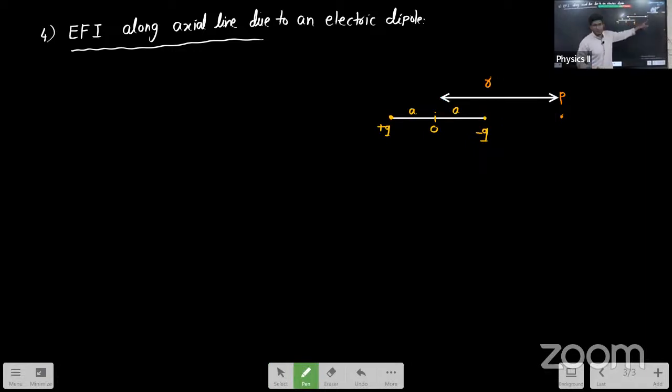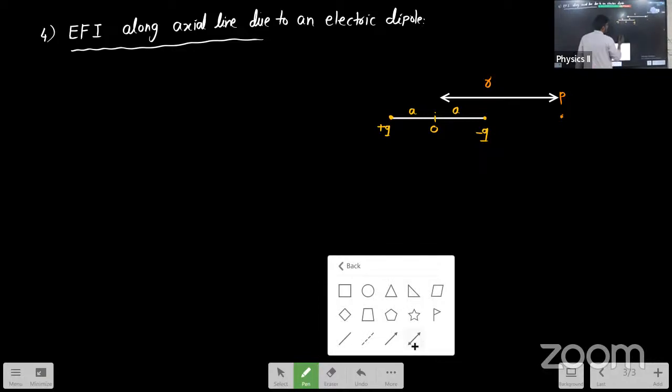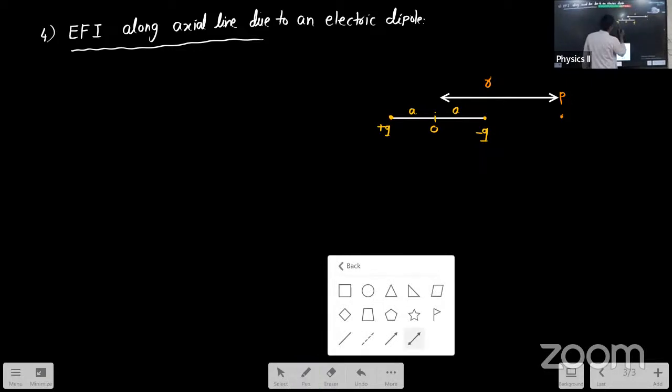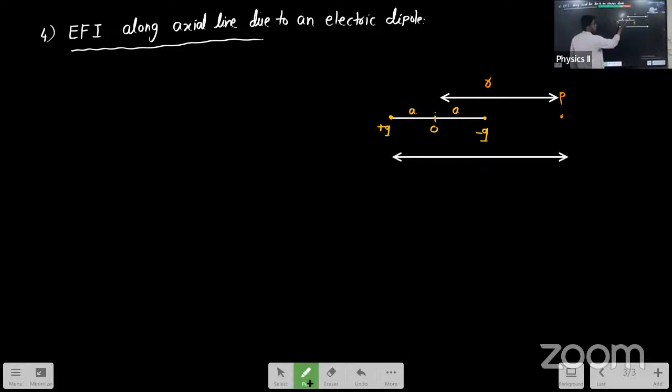Now see here, what will be this distance from plus q charge to point P? If the distance from the center to the point P is r, then this distance will become r plus a.